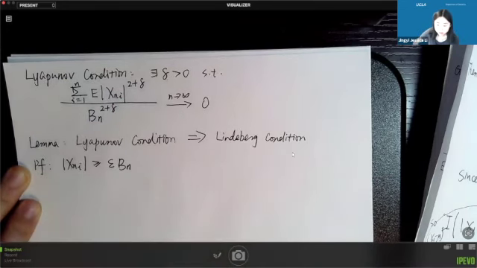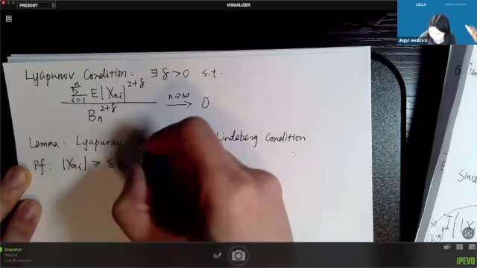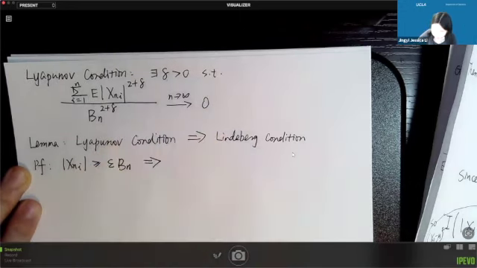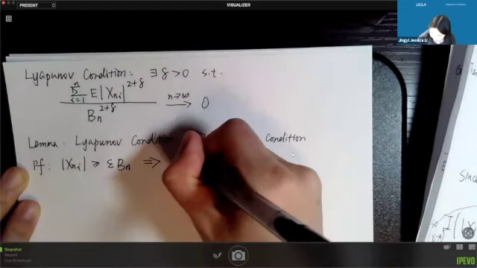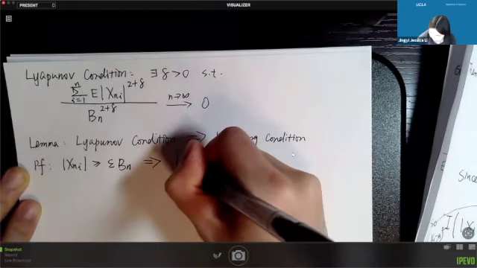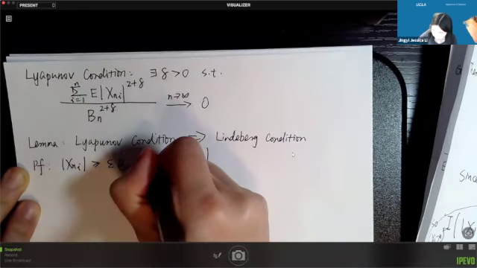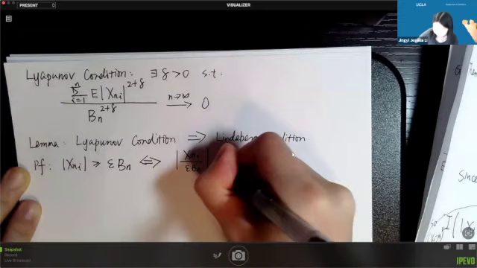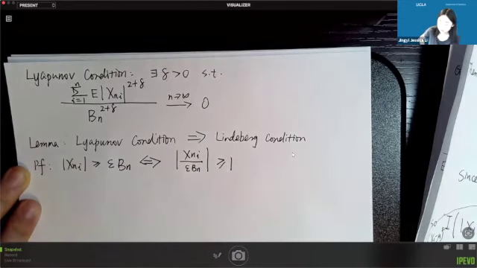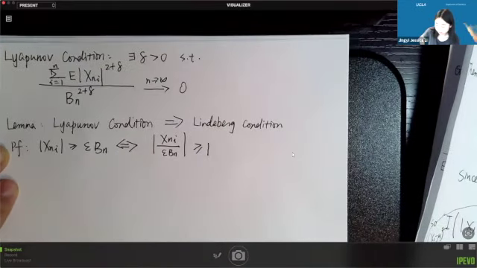And this implies that X_ni divided by epsilon B_n, which is equivalent to this, is greater than 0. We just divided. And this implies what?